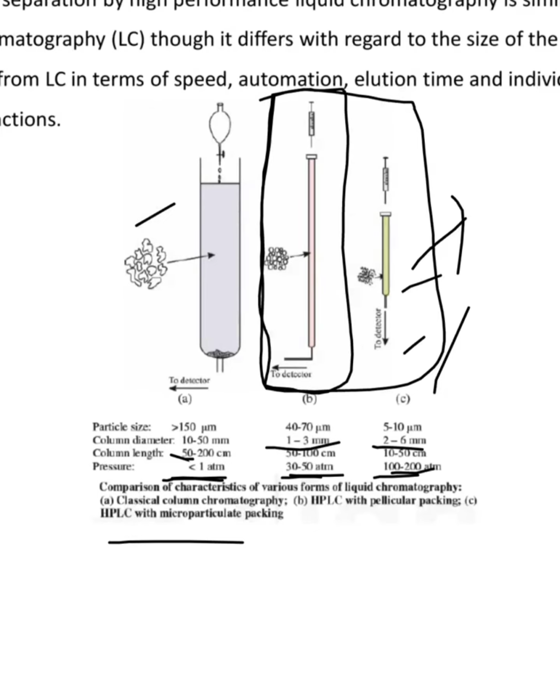And in order to achieve the desired separation by HPLC, we operate certain conditions, including retention time, pressure, which I told is 30 to 50 atmospheric pressure and varies for HPLC, and the number of plates, which need to be optimized. Different bands need to be optimized, meaning they should be separated while eluting.